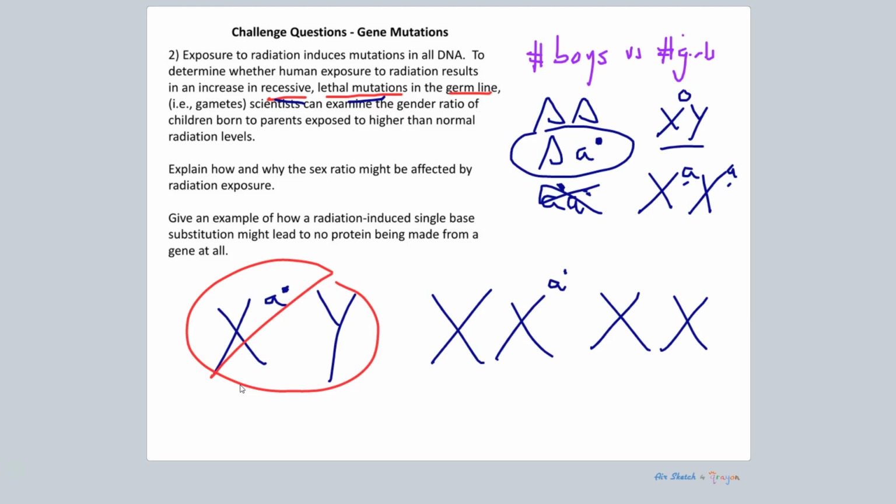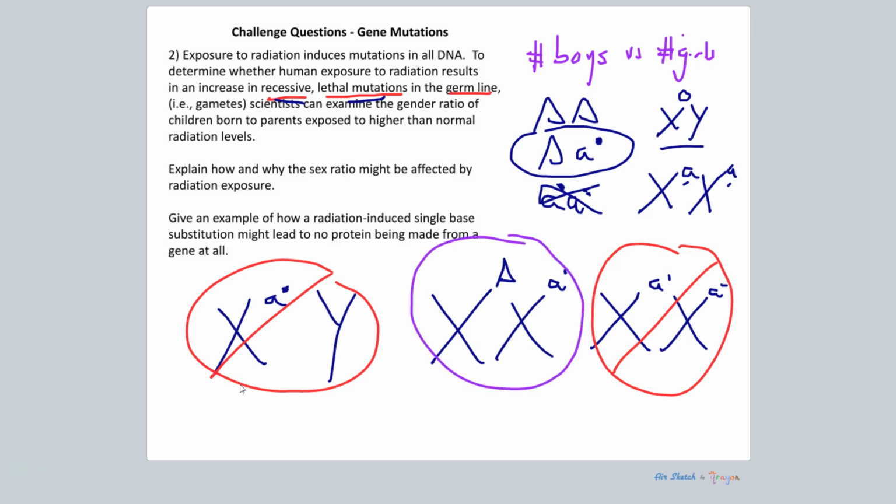However, not every female who has this recessive allele dies. Why? Well, because there are two types of females that can have this recessive allele. There are our heterozygotes, and they are our homozygotes recessive. Now, for sure, these females die, but these females survive.